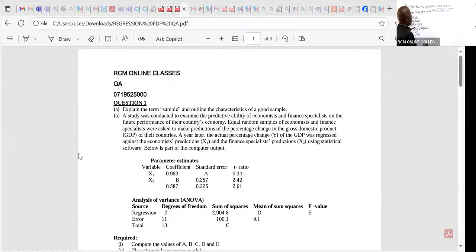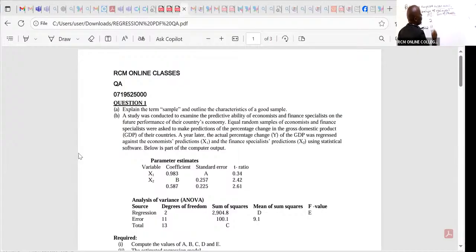Total. So you can see we have the DFs, which stands for degrees of freedom. We have in this case 2, 11, and then 13. Those are degrees of freedom. And then we have the sum of squares.